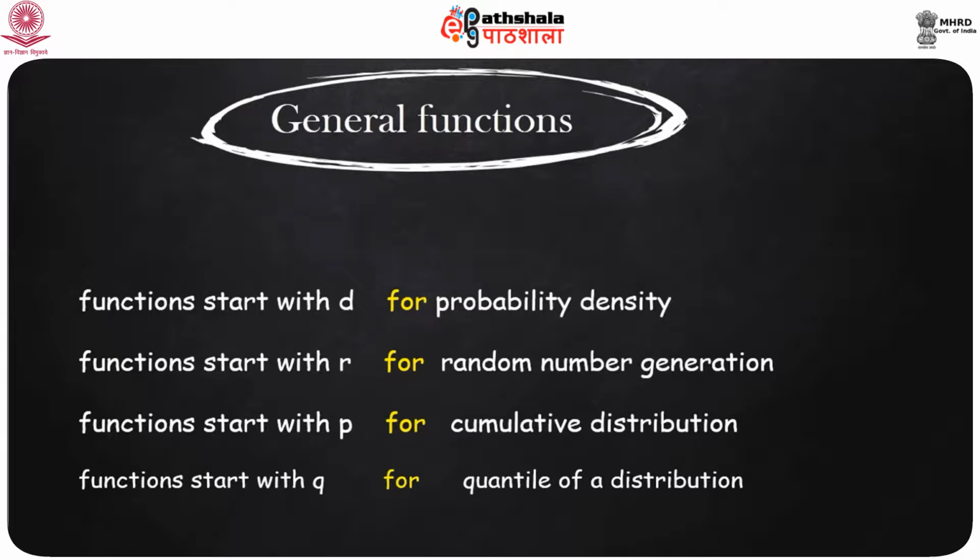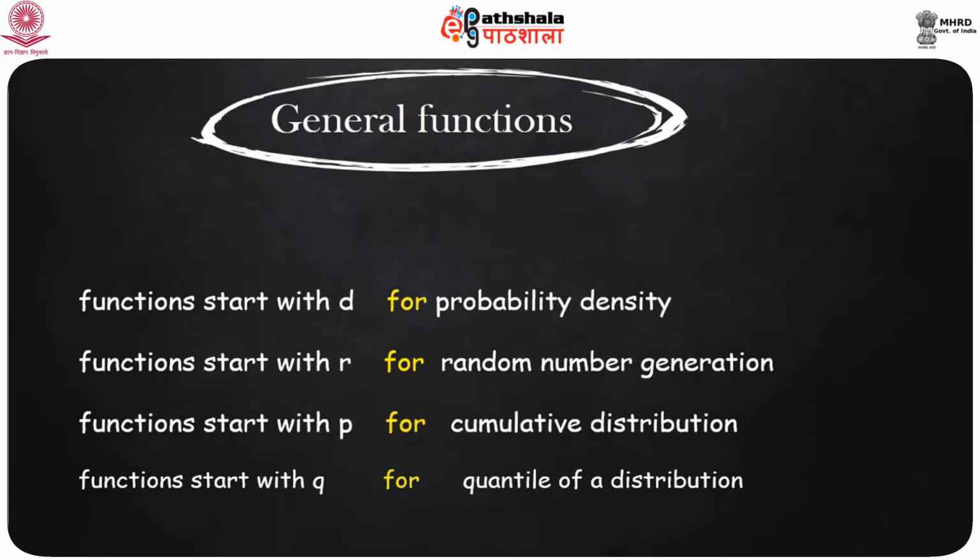So, every distribution has these 4 functions associated with the probability distribution. In practice, you may find a number of distributions to deal with, and in almost all cases, corresponding to each distribution, you might find these 4 functions.